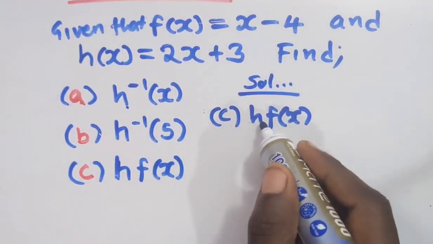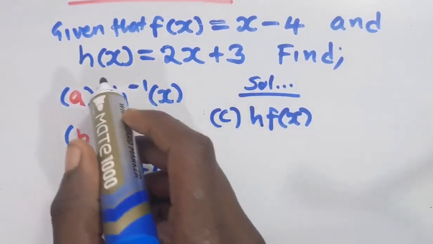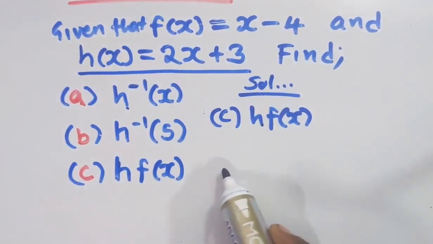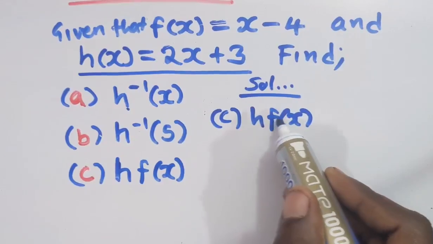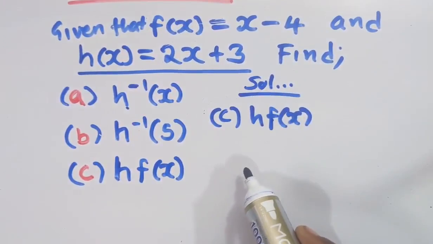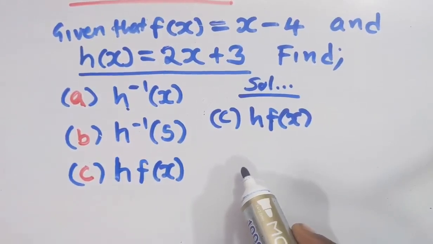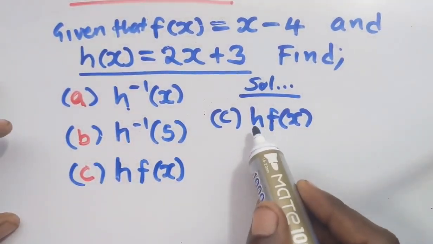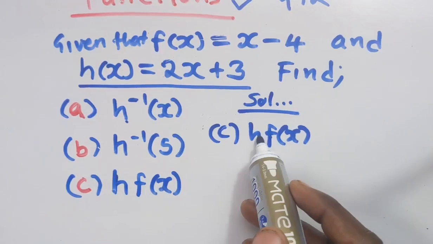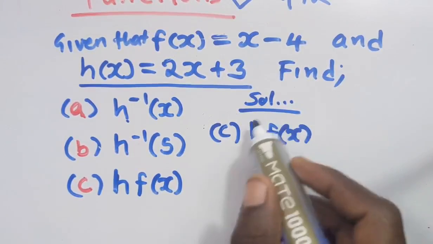If you look at this function, this is h. Then there is f of x. What you are supposed to do is look at the function that this question is starting with.